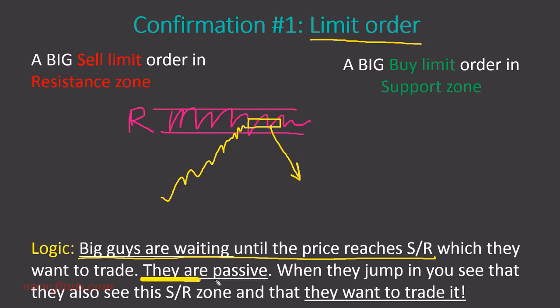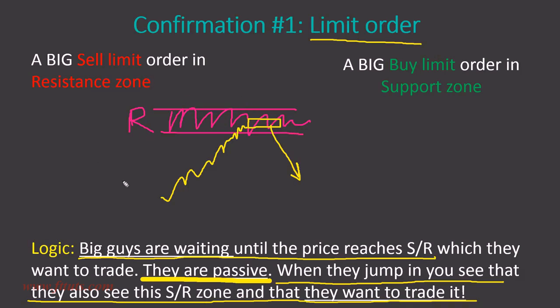This is important. They are passive, the same as you are, because they are waiting until the price reaches their limit order. And when they jump in, then it confirms the support and resistance zone. In this case, it confirms the resistance zone, and you should also jump in a trade as soon as you see their big limit order.